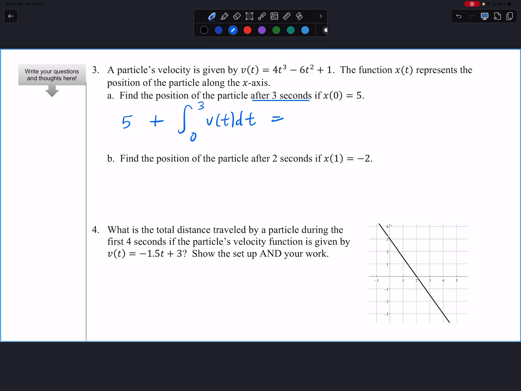You guys should get 35. This problem, they left out like what, 35 what? They don't tell us, so just go put 35.